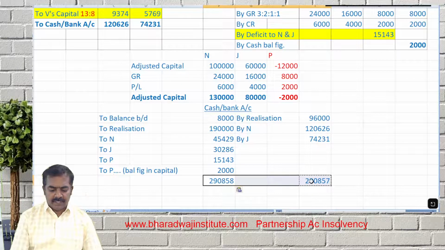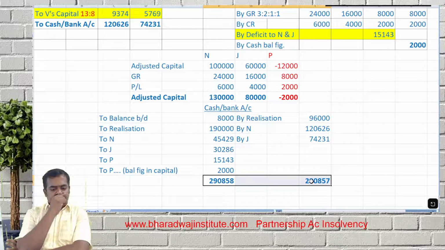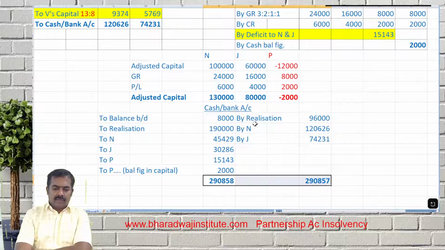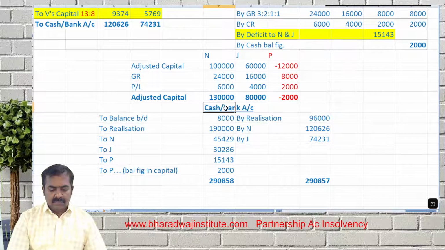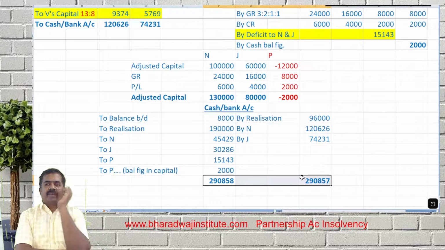The 1 rupee difference is because of the realization loss transfer. This 1 rupee difference is from which account? Realization loss.